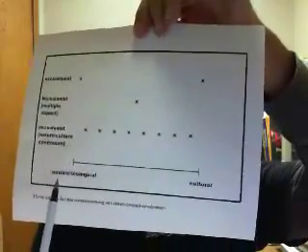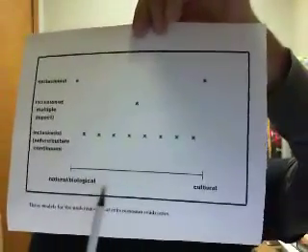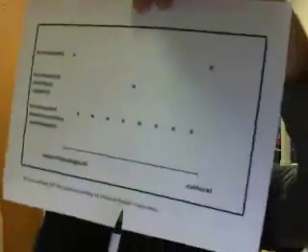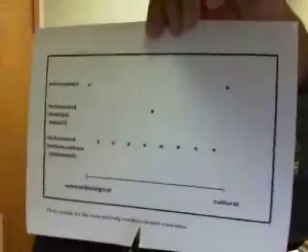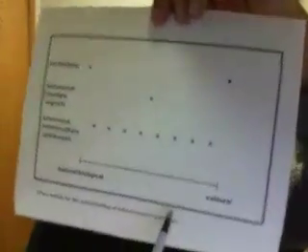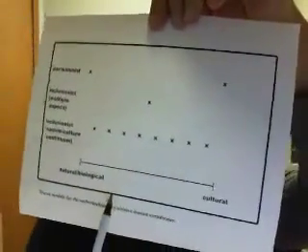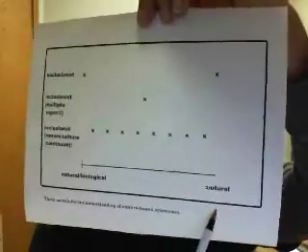At the bottom, the continuum you see here is natural, universal, natural biological over here and cultural over here.